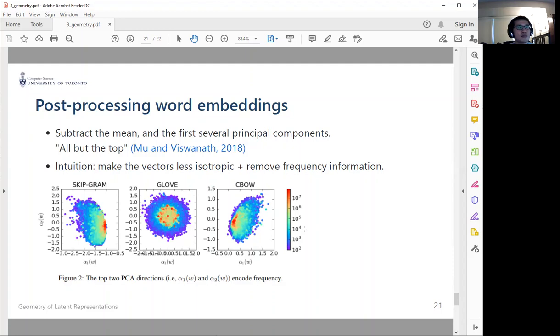And it turns out that by post-processing the existing word embeddings in this manner, there are good results.